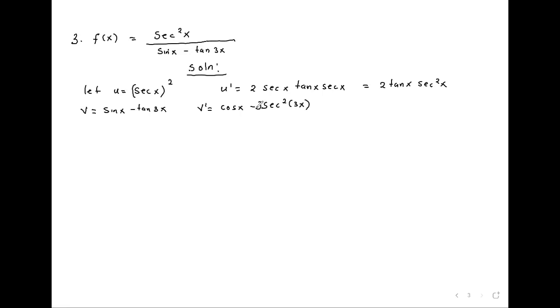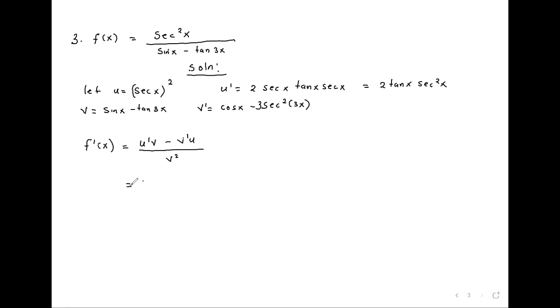Then substitute. So f prime of x is equal to u prime v minus v prime u over v squared.